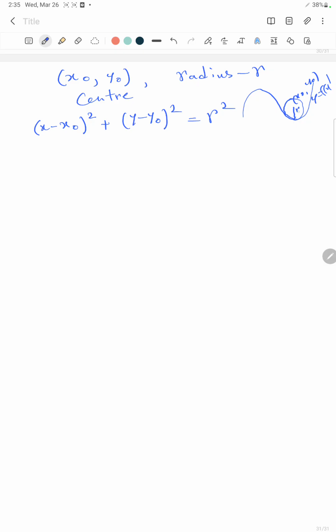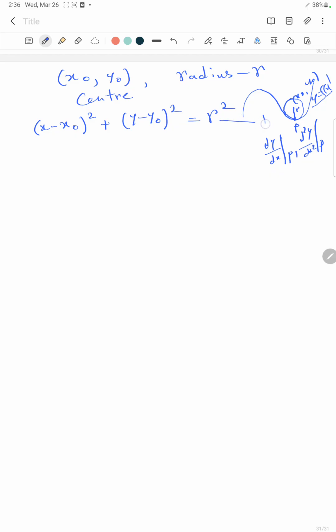You don't know what r is, you don't know what x0 and y0 are, but since you know the equation of this curve y equal to f(x) and you know the point P, you know the value of dy/dx at P and d2y/dx2 at the point P. These two things you know, because you know the equation of the curve and the point P also. So from that you can figure out dy/dx at P and d2y/dx2 at P. So you have that information, and we will use it to get the radius r.